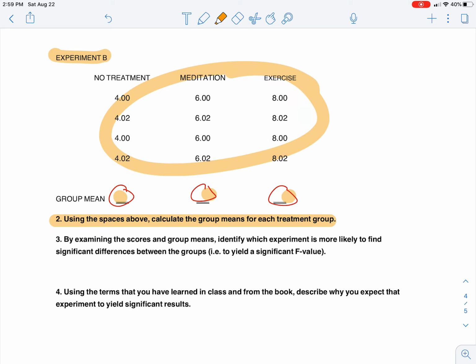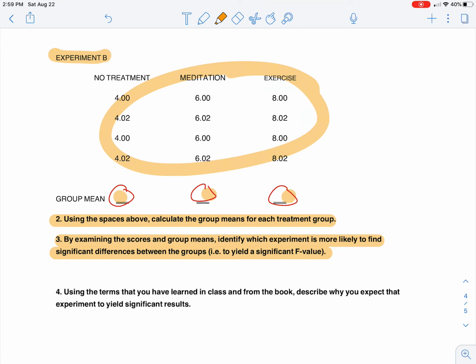Third, and this is the more conceptual part, we're going to talk about it in class. By examining the scores and the group means, I want you to try to identify which experiment is more likely to find significant differences between groups. In other words, which experiment is more likely to yield a significant F value.